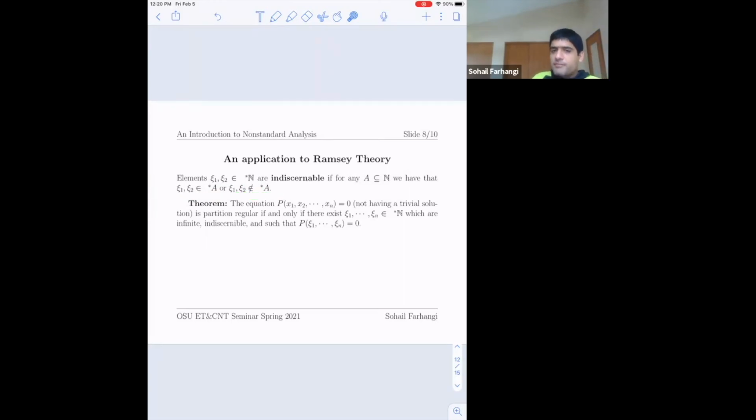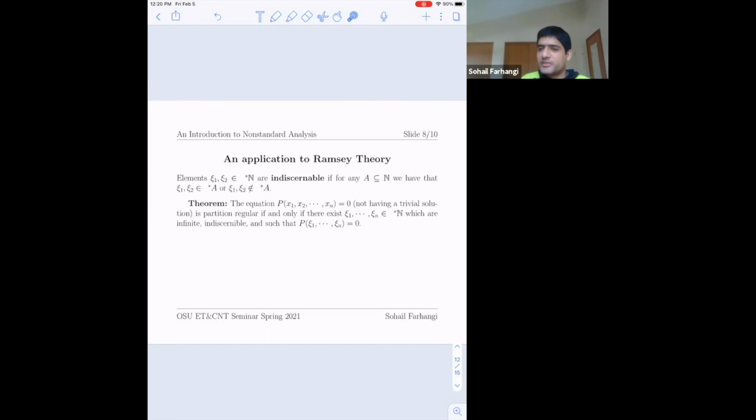So basically, you cannot separate these two numbers into two different cells of a partition of the non-standard numbers if all you're doing is using these pleasant cells of a partition, these hyperextensions.